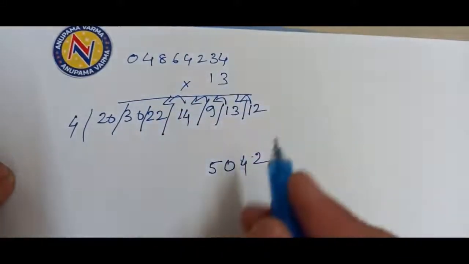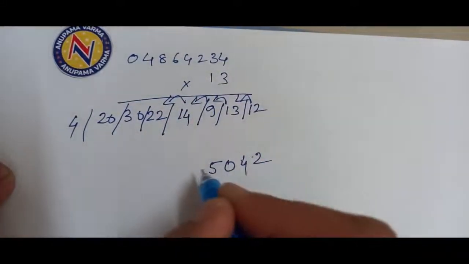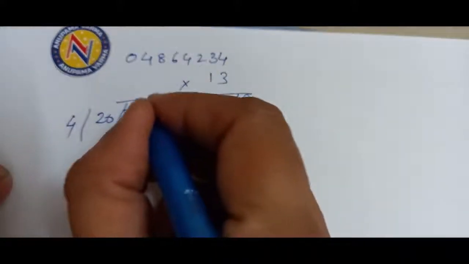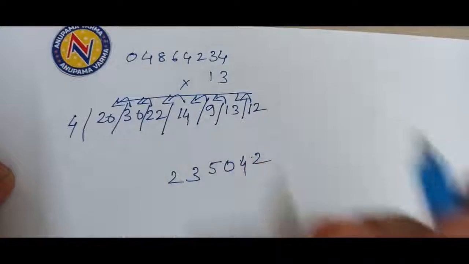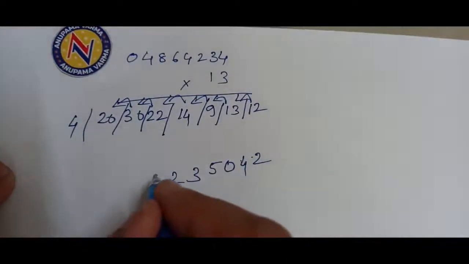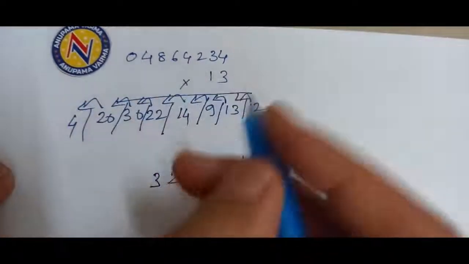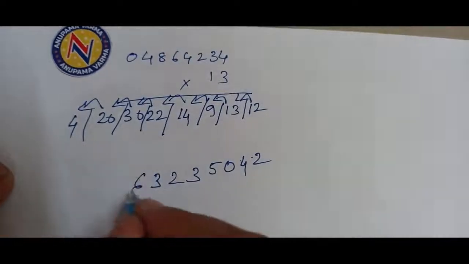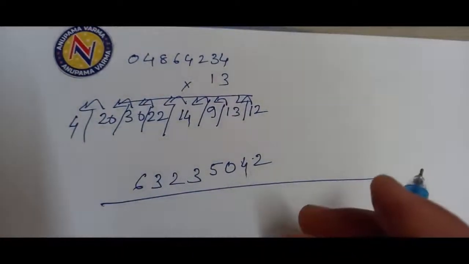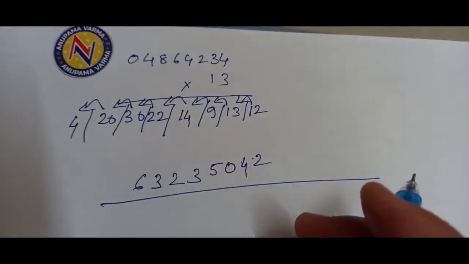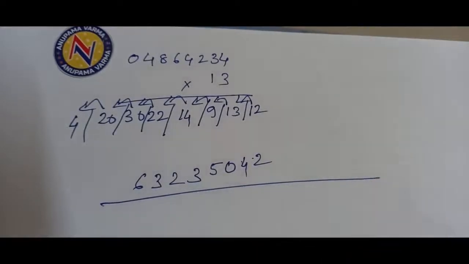Again 1 carry over here. 22 plus 1 is 23. So 3 here, 2 carry over here, 30 plus 2, 32, write 2, 3 carry over here, 20 plus 3, 23, 3 here, 2 carry over here, 4 plus 2 is 6. So the answer is 63235042. Let's take one more example with 14.